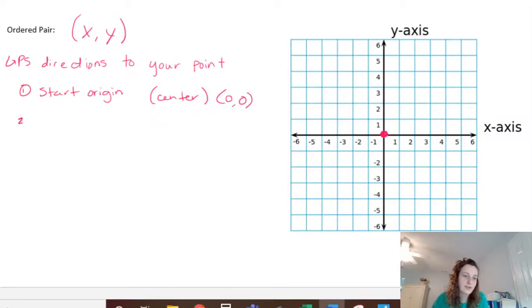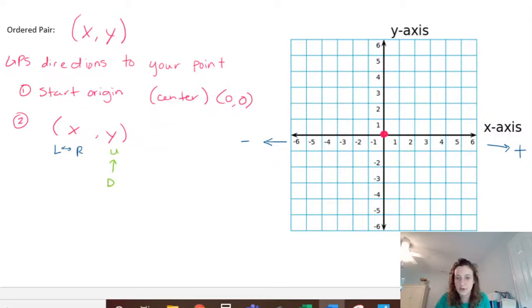And then you're going to move, okay? So your ordered pair is x, y, okay? So your first step is you're going to move either left or right, however many your x value is. Notice here that as you go to the right, these numbers here are positive, and as you go to the left, these values are negative. And then your y value, you're going to go up and down.